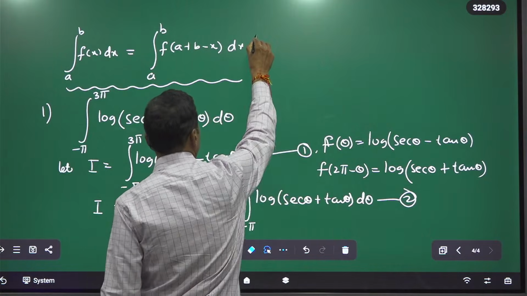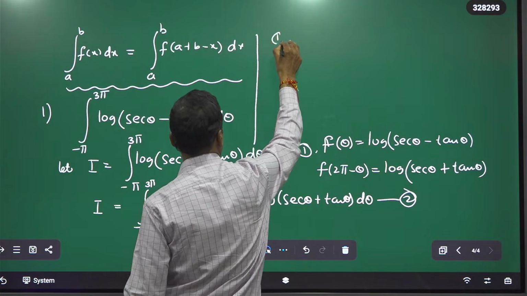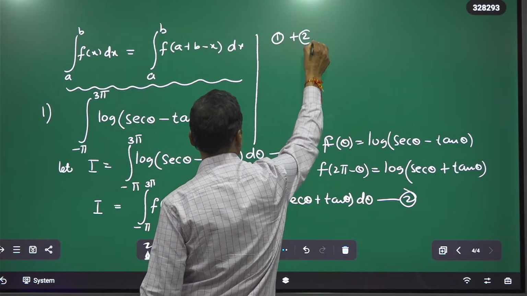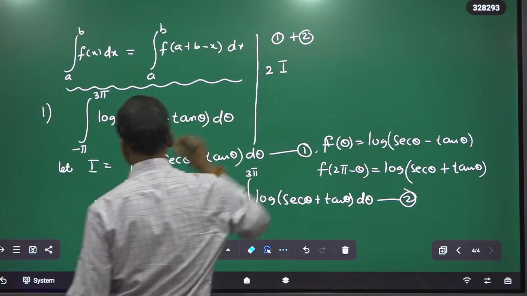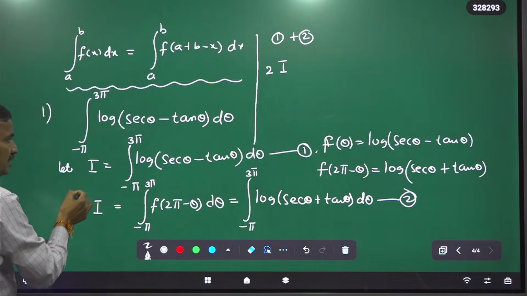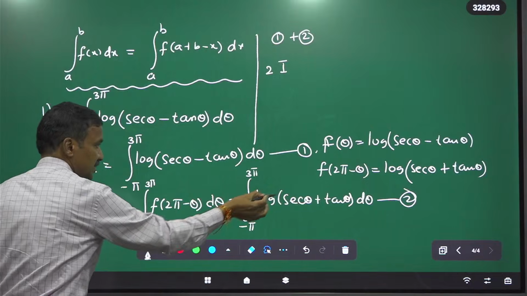Now add equation 1 and equation 2. The left side becomes I plus I, which is 2I. This is equation 1 and this is equation 2.